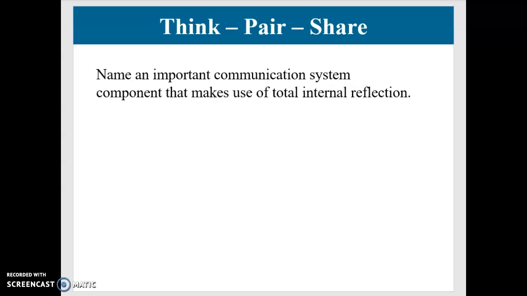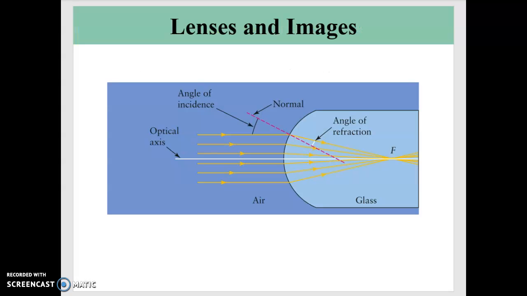All right, so now we want to talk about lenses and image formation with lenses. The basic idea with lenses and image formation is this, and this is why glass is used when we make things like glasses.